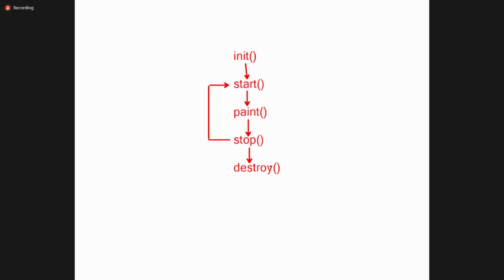Now, whenever the applet is opened: init, start, paint. Deactivated, stop. Activated, start, paint. Deactivated, stop. Activated, start, paint. Closed, stop, destroy.